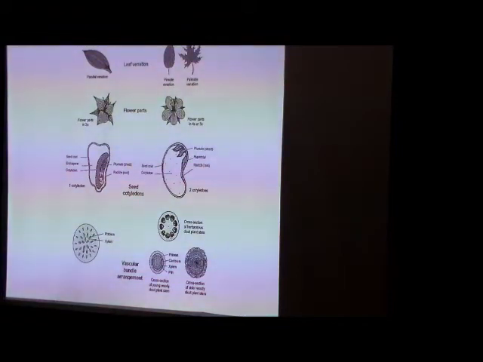Venation, the easiest way to do this is to look. Venation, as you can see in this plant, all the veins go from this end to this end, straight line, parallel. I'll let you guys look at that and pass that around.